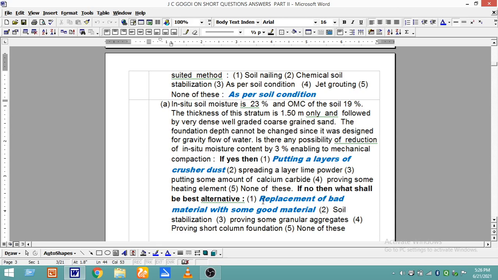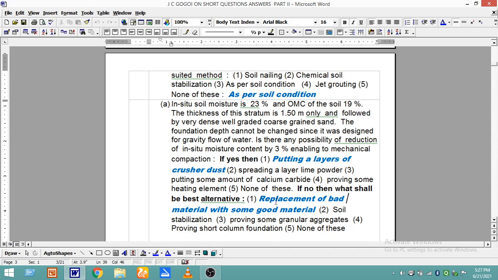Given answers: replacement of bad material with some good material, soil stabilization, providing some granular aggregates, providing short column foundations, or none of this. Earlier I said there are a lot of typing mistakes.